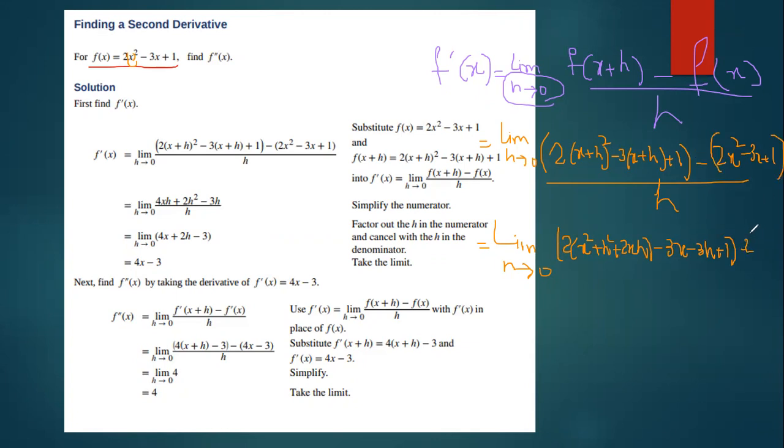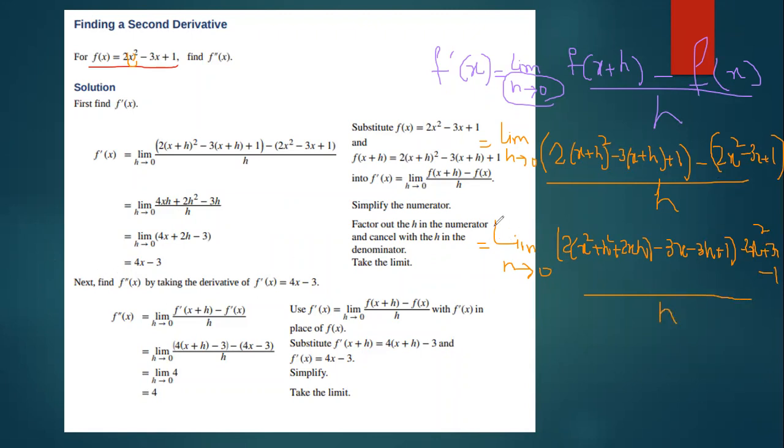So this will be minus 2x square, minus minus will be plus, so it will be plus 3x, and minus plus will be minus 1, divided by h.